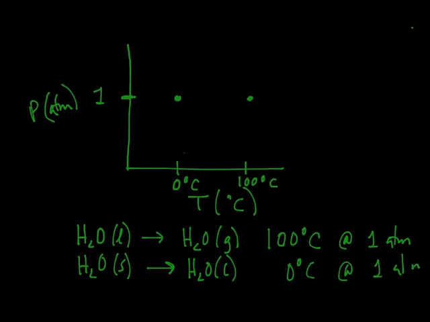Okay, seeing that these are 2 points, now I will actually draw the phase diagram of water where these 2 points actually intersect certain lines. So let's do this.